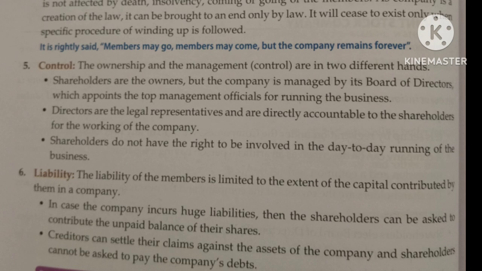Then next is liability. Here the liability of each shareholder is limited to what they have contributed in the company. So for all the shareholders, the liabilities are limited, but in total the company incurs huge liabilities. Then the shareholders can be asked to contribute the unpaid balance of their shares. Suppose they have purchased the shares on credit, then they are supposed to pay the money to the company.